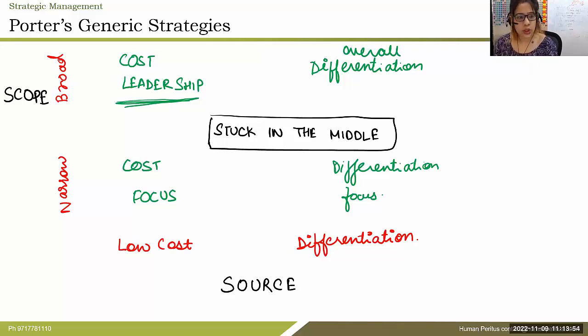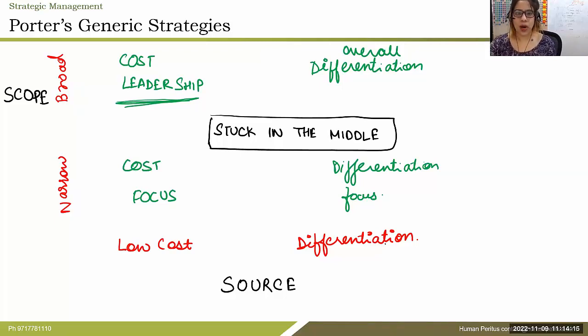When we are looking for a smaller segment of market or a narrow market and the cost is low, then we are focusing. Focus means the narrow or the niche markets and we are focusing with the cost, right? And when it comes to differentiation and narrow market, we call it differentiation focus.